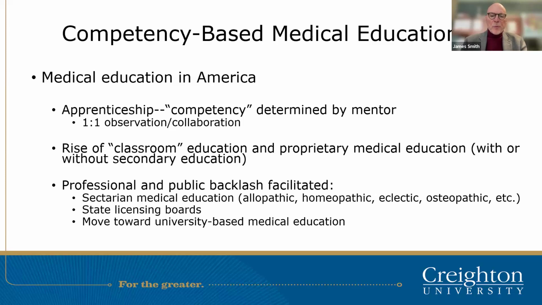Of course, this was before we had antibiotics or an understanding of even the internal organs of the body, but that did push sectarian medical education to develop. So not just the regular physicians and the allopathic medical education processes, but also other medical sects.